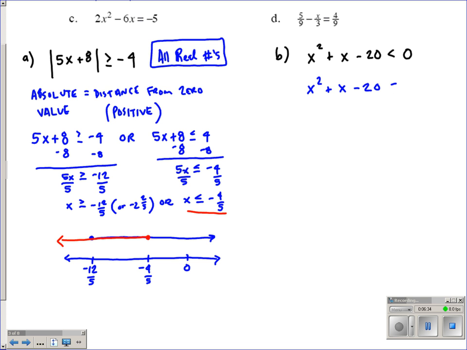If this was just a function that we were looking at, normally when we graph it, this would be a parabola. When we put in that it equals 0, think about what points we're finding.